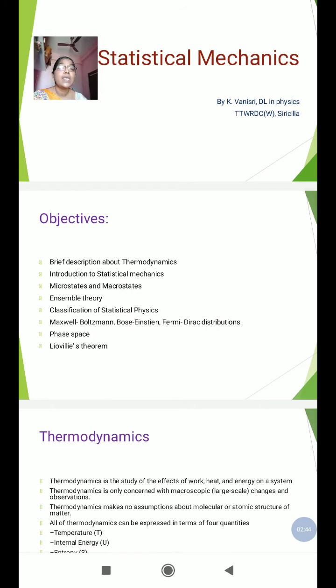And next one is phase space. Phase space is the same as coordinate space in normal Newtonian or classical mechanics. To represent any system's position, velocity or momentum, we require a coordinate space; it is a must.